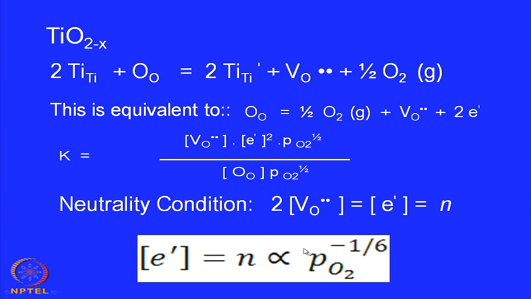So it is minus 1/6, and it is becoming electron.